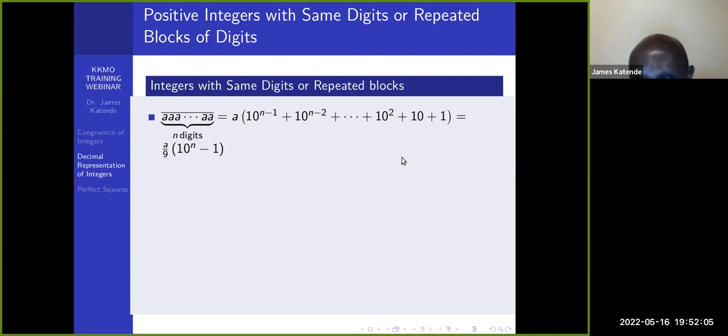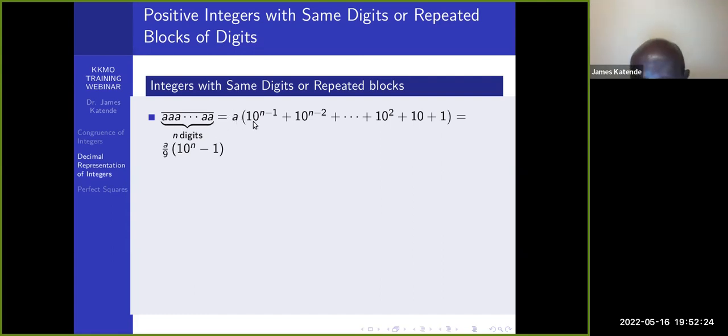This 1, 1, 1 can be written as 10 squared plus 10 plus 1. So you can use the same idea for the general case where this is a repeated digit.